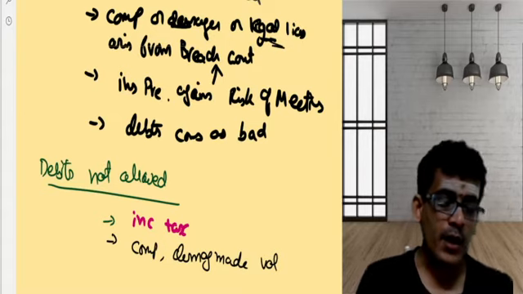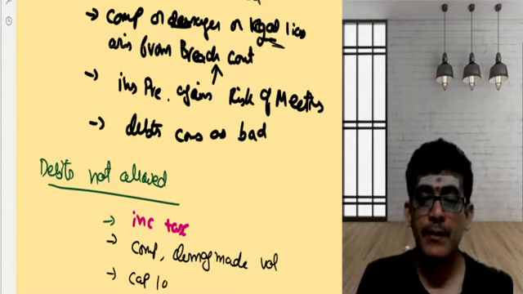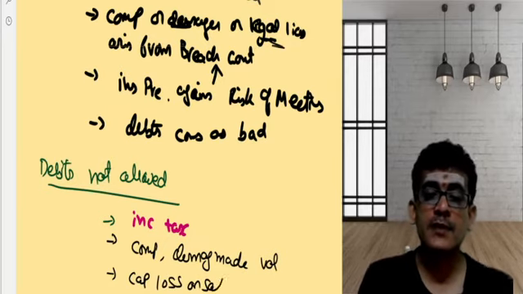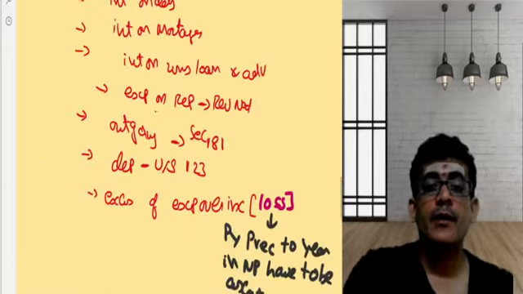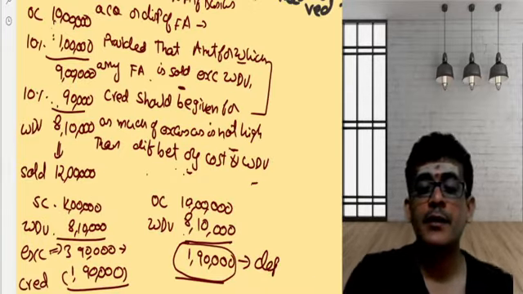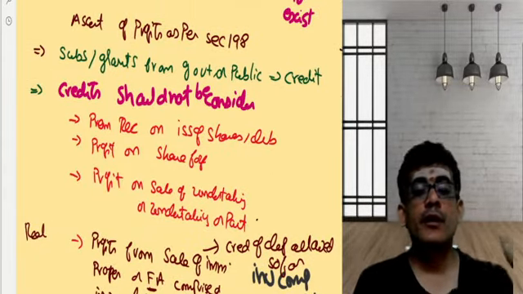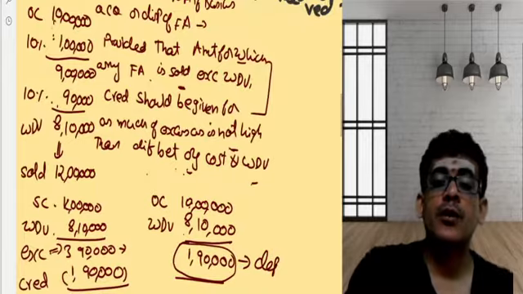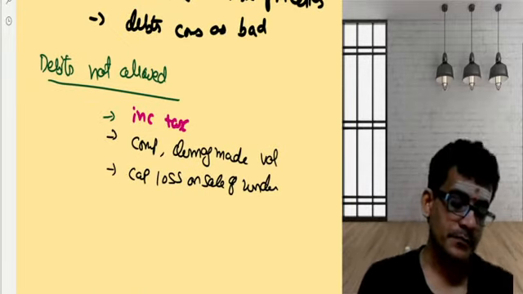Now, you are having some sort of capital loss on sale of undertaking. Same point here. Any profit you obtain on sale of undertaking or undertakings, you are not considering. If you are getting a loss on sale of undertaking or undertakings, you should not consider that. Okay, the same thing.